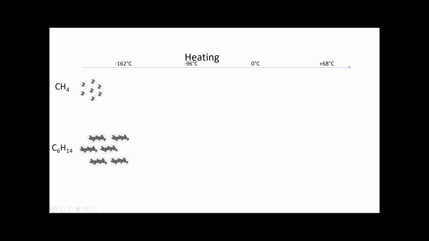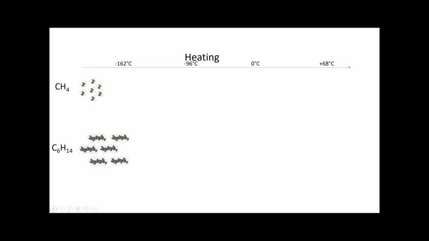It's in an ordered structure down beneath, and the methane, it's kind of difficult to show, but it's supposed to be a liquid. If we were to heat these up, and I say heat these up to minus 162 degrees C, so if we were to heat them up from a colder temperature than that, we would find that actually methane turns from a liquid into a gas at minus 162 degrees C.